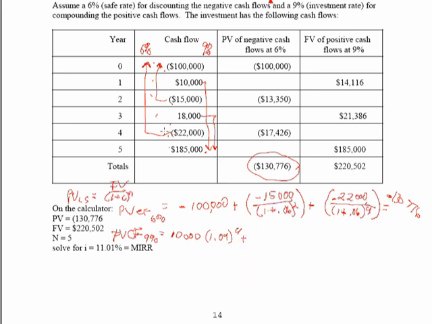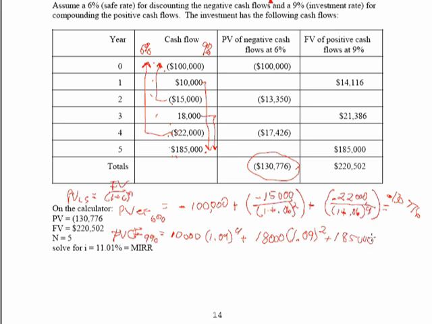Our next positive cash flow is in year 3, and that's $18,000. And I'm going to multiply that times 1.09 to what power? Well, again, count how many compounding periods you have. You have 4 and 5. You have 2 compounding periods left. So I'm going to raise it to the 2nd power. And then you add the cash flow at the end of year 5 of 185,000.